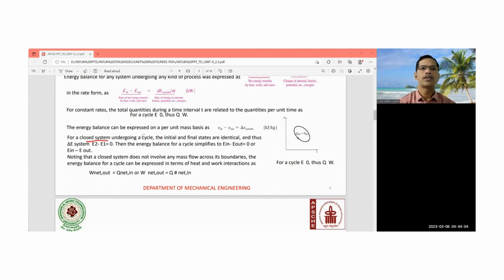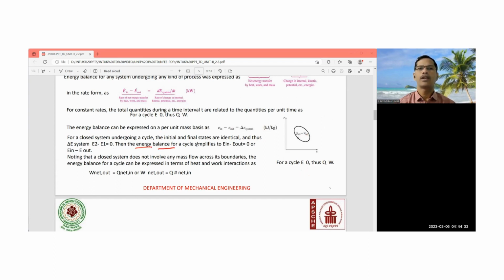So for a closed system undergoing a cycle, the initial and final states are identical. When it undergoes a cycle, the initial and final states are identical, and thus delta E of the system is equal to 0. That is E2 minus E1 is equal to 0.